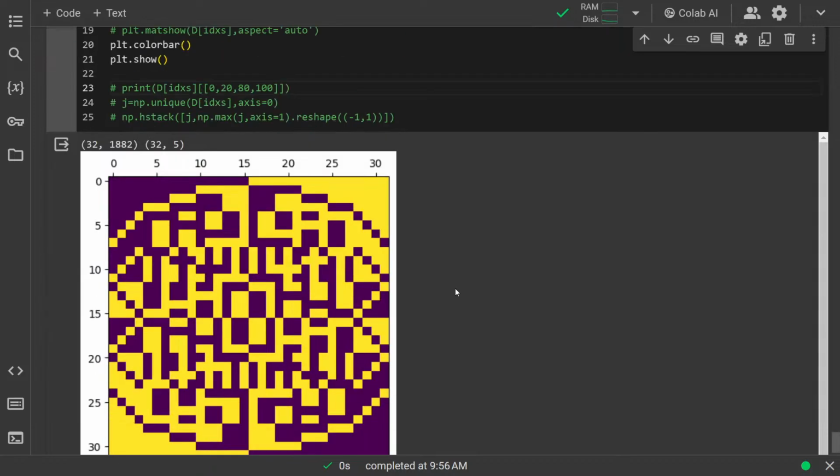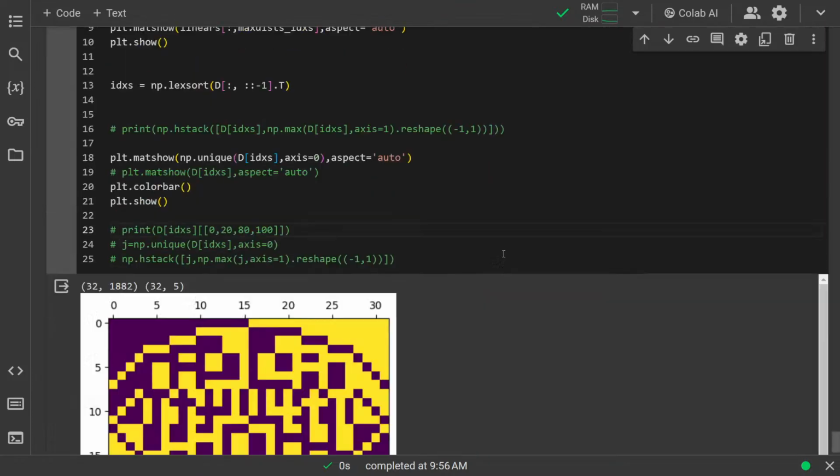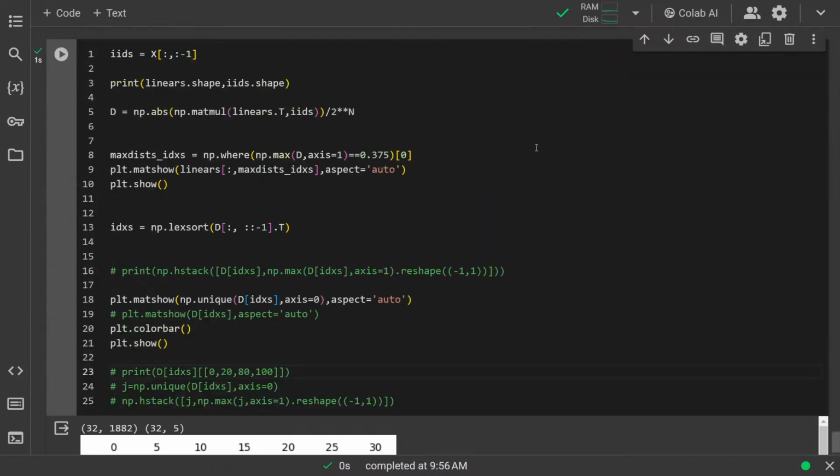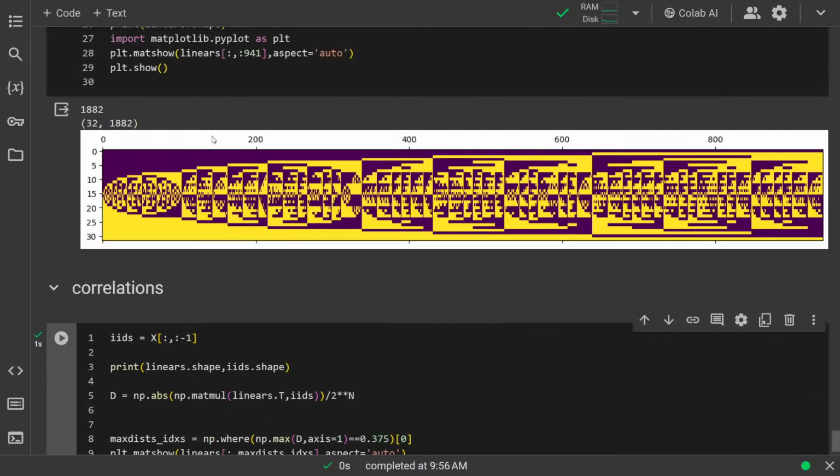Okay, so these are functions. These are a subset of these.